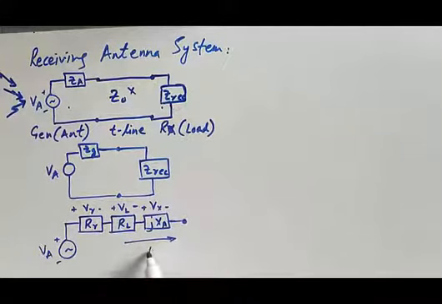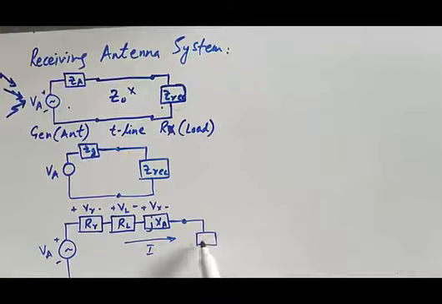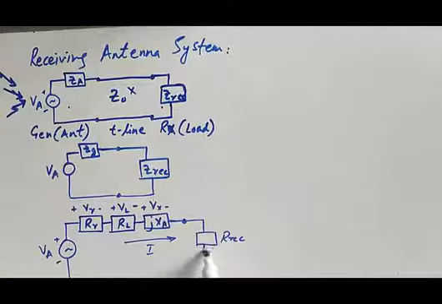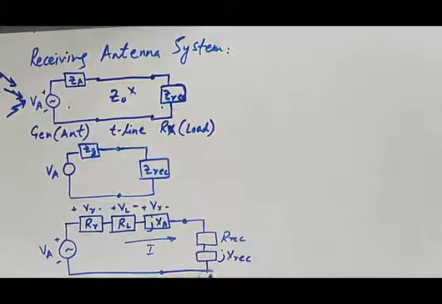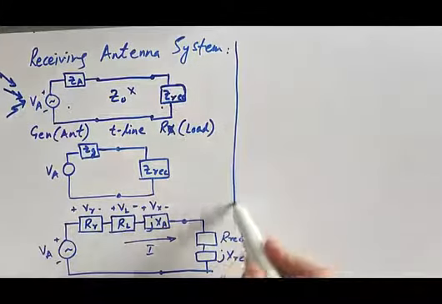The current I flows through this impedance, and then we have the receiver, with its resistance and its reactance, connected to the antenna.